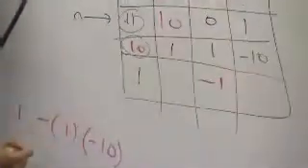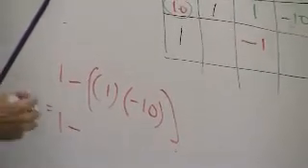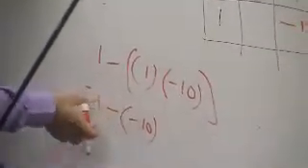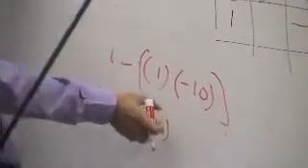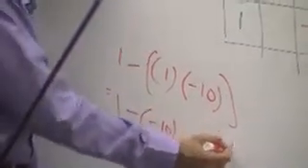So that's 1 minus a negative 10. 1 minus 1 times negative 10. 1 times negative 10 is negative 10. That's what I said. You said 9. Oh, okay. Then 1 minus negative 10 is 11, right? 1 plus 10 is 11. Okay?